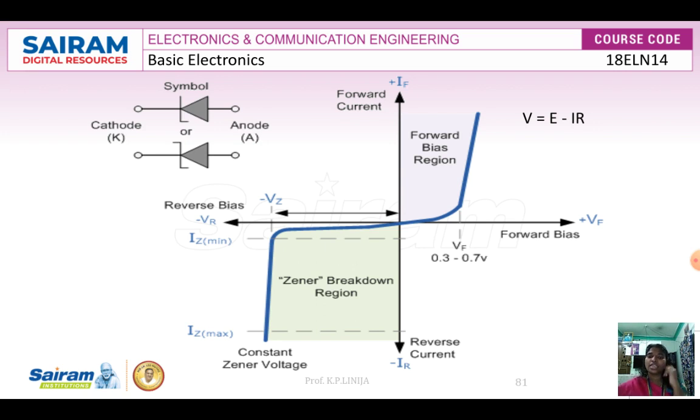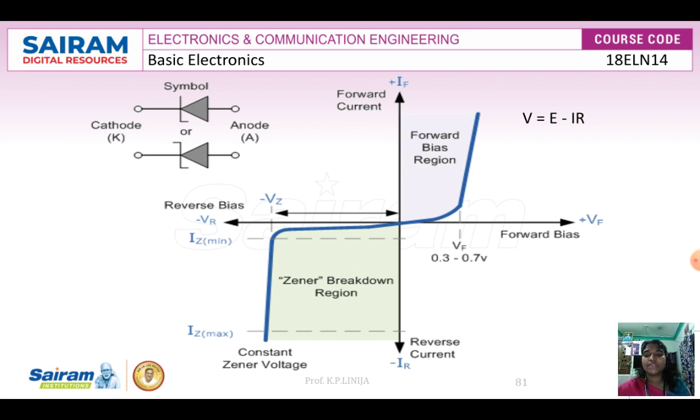If we take the first quadrant, it shows the forward bias region, and the forward voltage is represented as Vf. For a silicon diode it will be 0.7, and for a germanium diode it can be 0.3. If we come to the third quadrant, we have marked it as the Zener breakdown region.